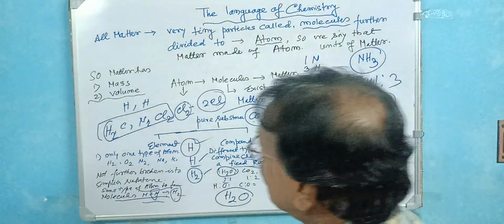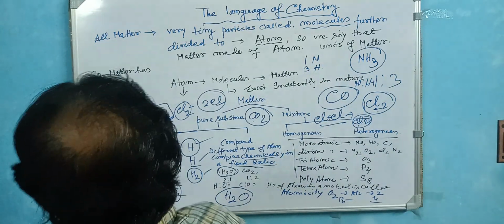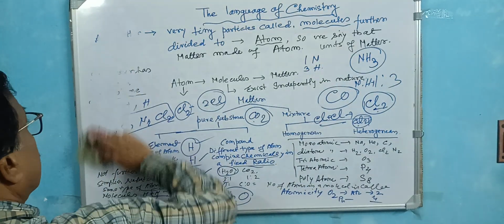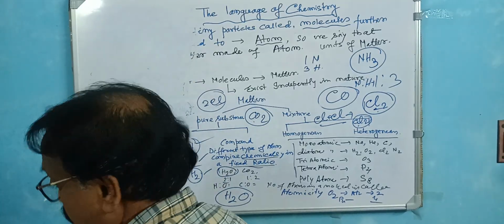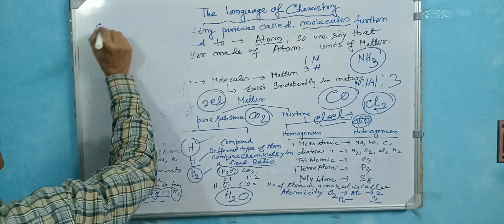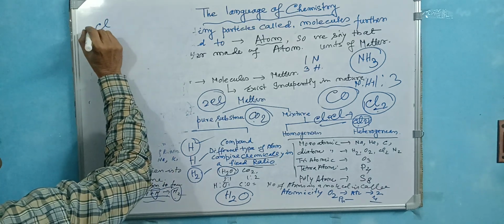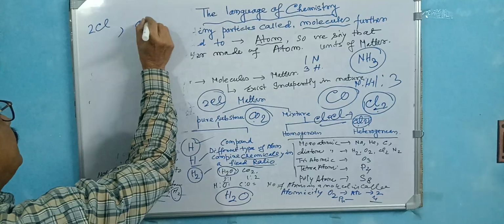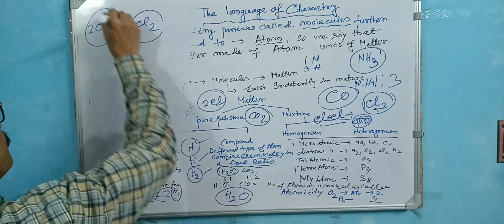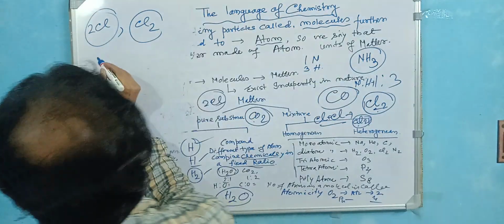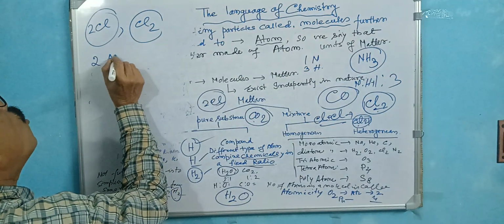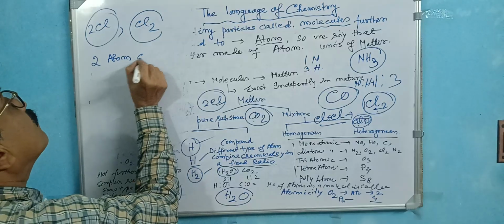If I erase certain places here, what is the difference? Suppose 2Cl and Cl2. What is the difference? 2Cl means 2 atoms of chlorine.